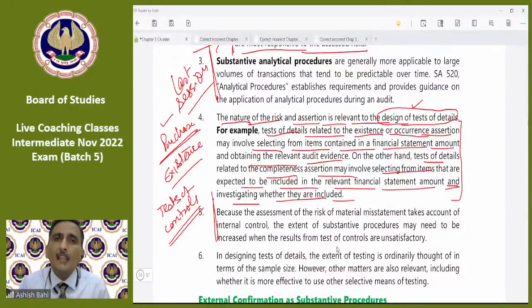So he may not need to check a substantial number of individual sale bills.